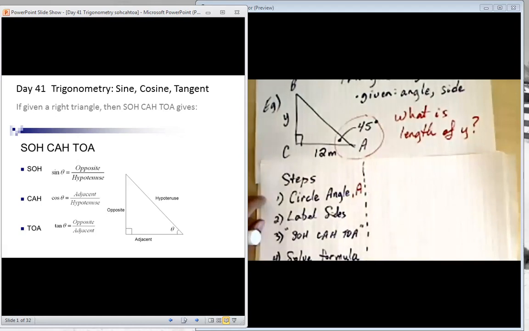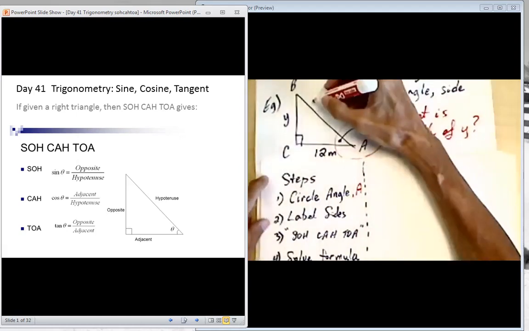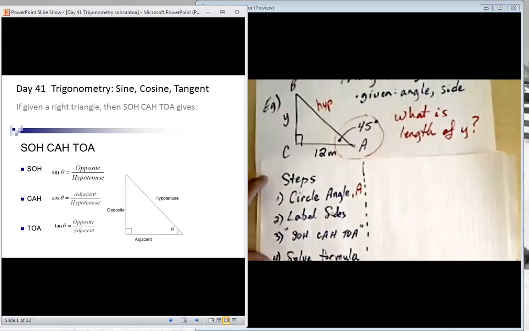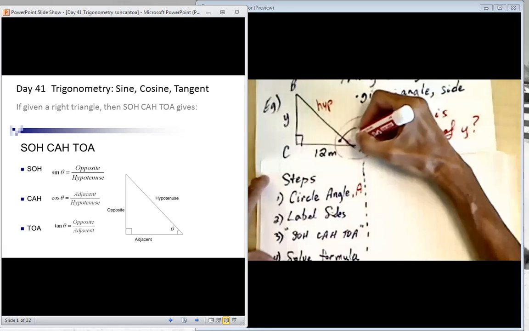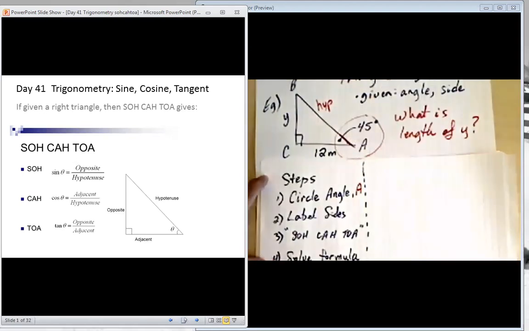So just like before, we're going to label the sides. I'll do the tough one. That's hypotenuse there. Yeah, that's the hard one. It's the longest one to write. Okay, what's the y side?